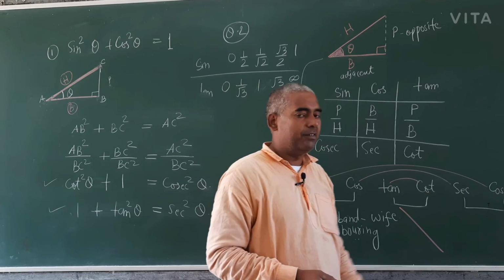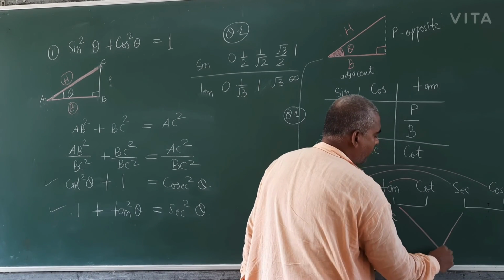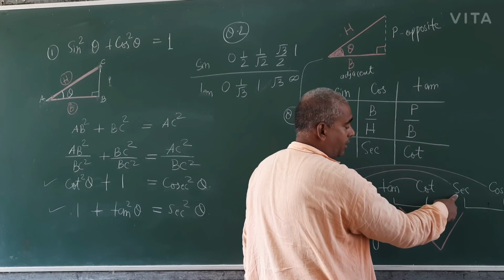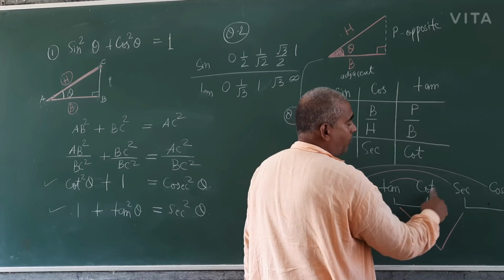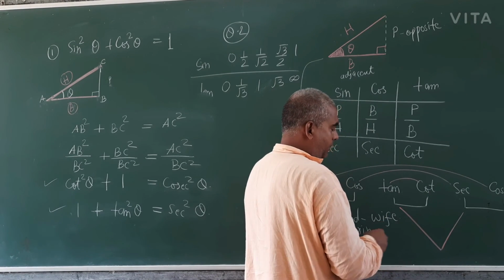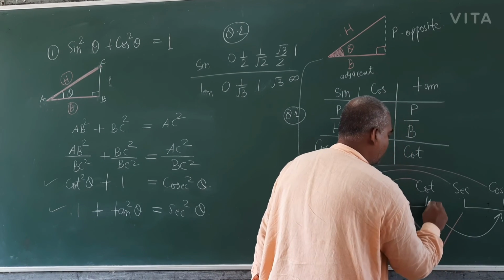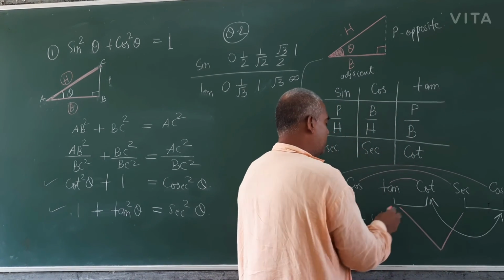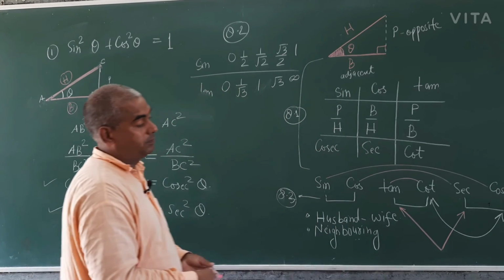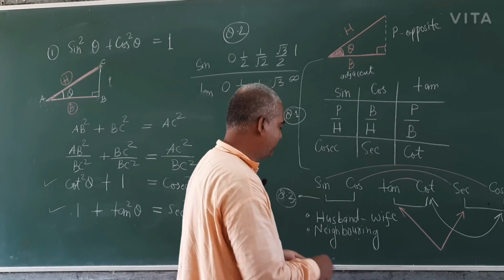The husband is the friend of the husband: 1 plus tan square theta is equal to sec square theta, and the wife is the friend of the wife: 1 plus cot square theta is equal to cosec square theta. So husband and husband, wife and wife, and neighboring also.